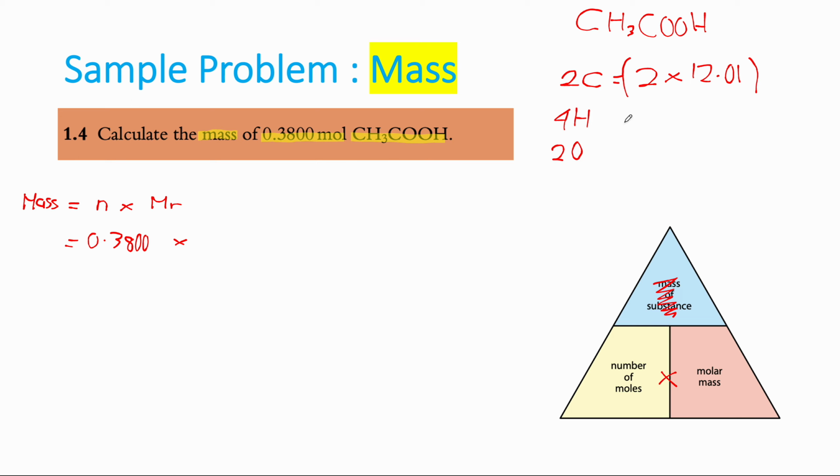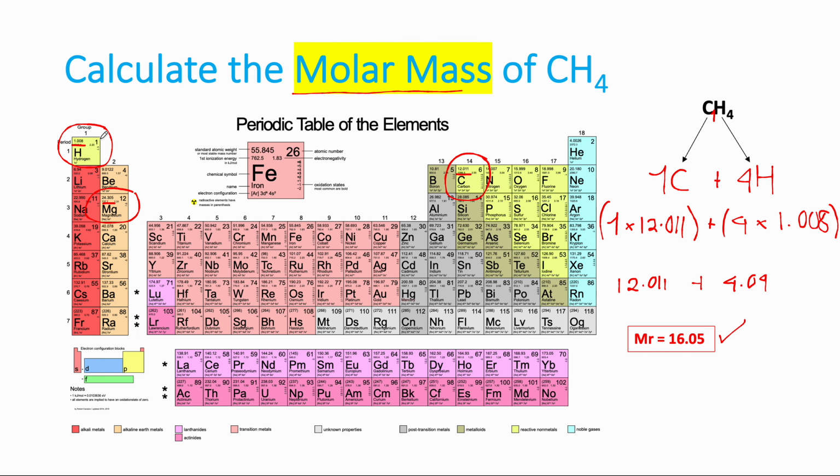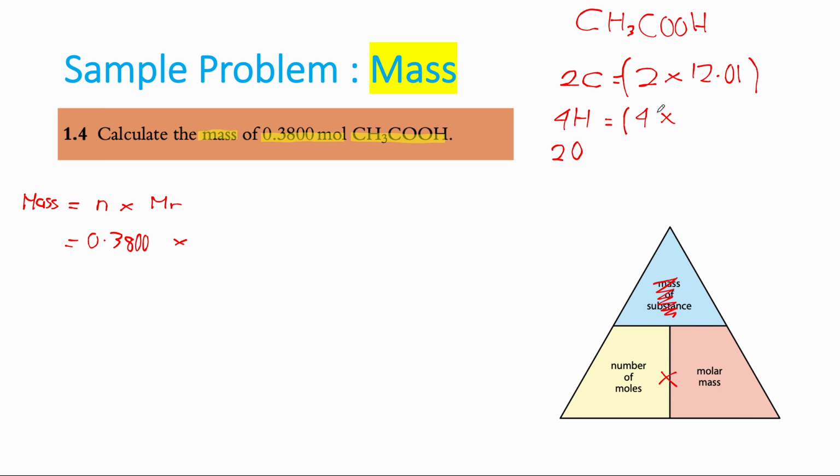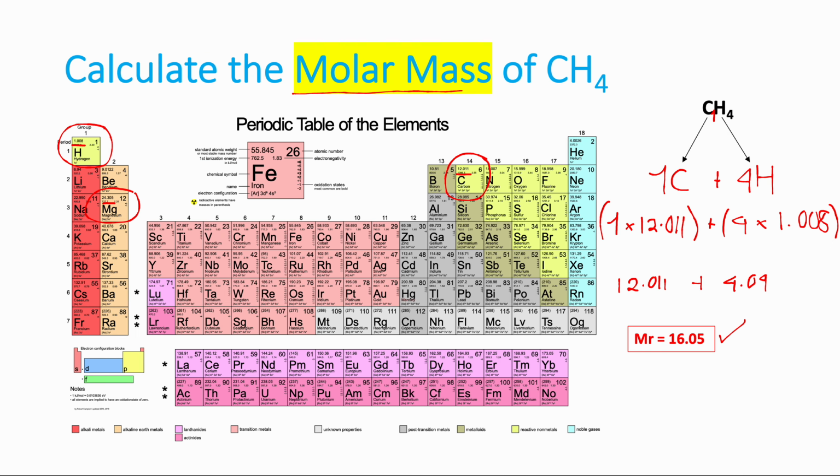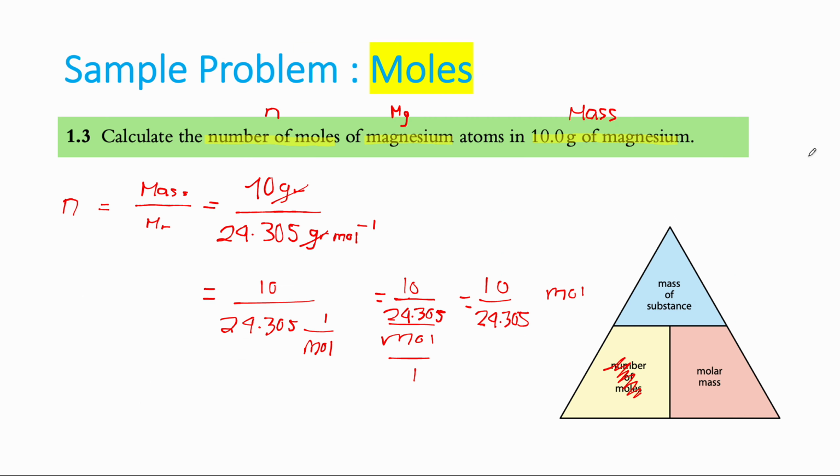And then we have 4 hydrogens, so it's 4 times the weight of 1 hydrogen atom, which is 1.008, or let's make it 1.01 to make things simple. And we have 2 oxygens, so it's 2 times the weight of 1 oxygen. We find that 1 oxygen atom weighs 15.99, or let's say 16.